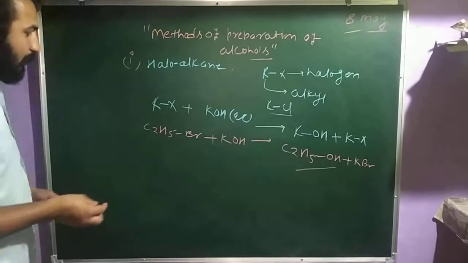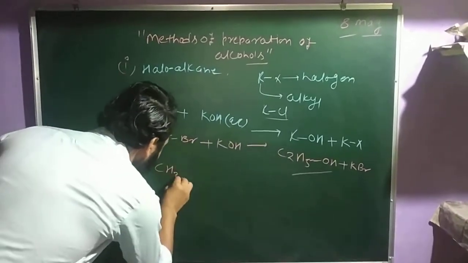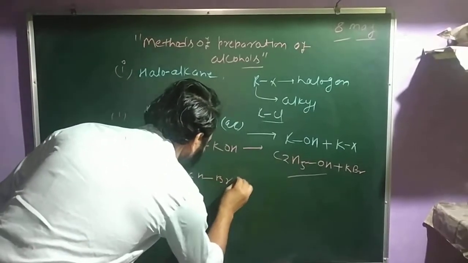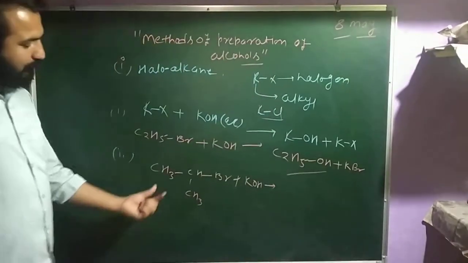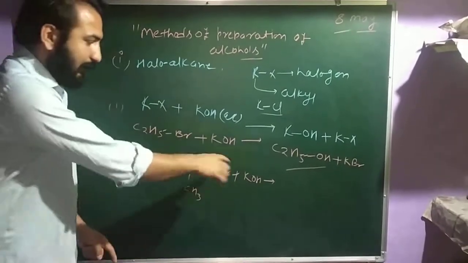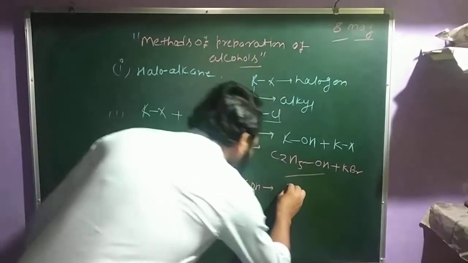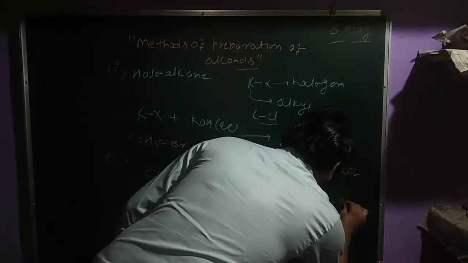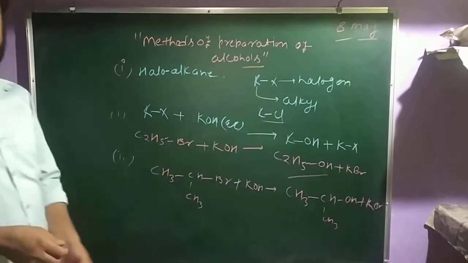Clear? Now suppose you have this kind of compound. You can say you have this kind of haloalkane. So what will be the product? Again, the reaction will be the same as your general reaction. The product is CH3CH(OH)CH3 plus KBr.